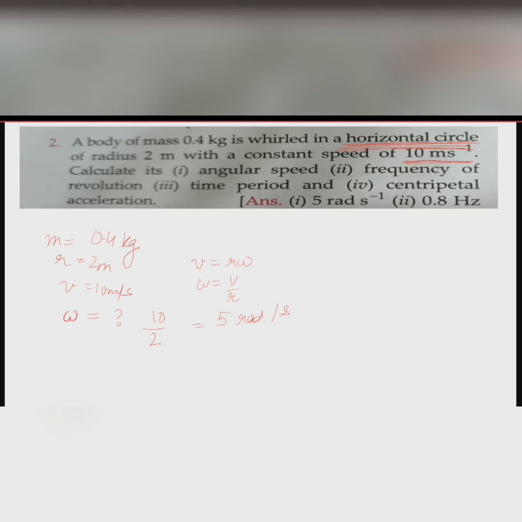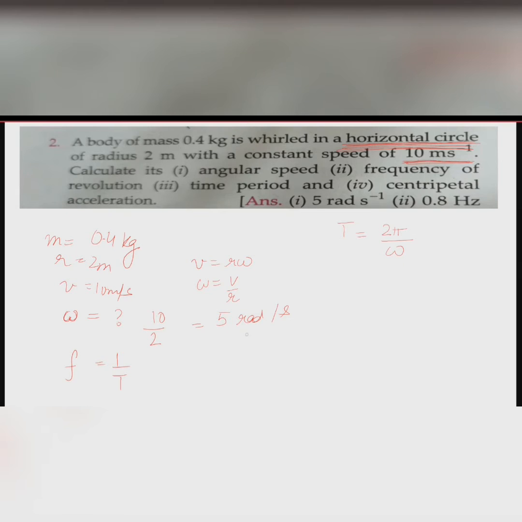Frequency of revolution. Frequency of revolution would be what? It would be 1 upon time period, right? Yes. We did this relation yesterday, that frequency is the reciprocal of time period. And if you remember, for time period we did this relation. Time period is 2 pi by omega.